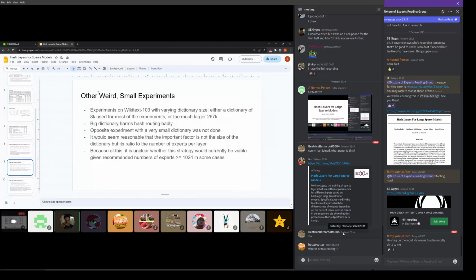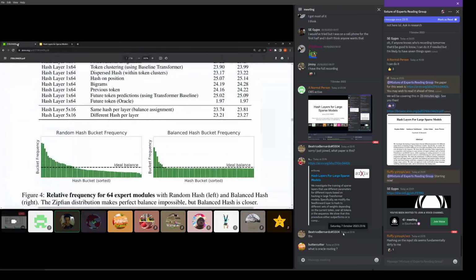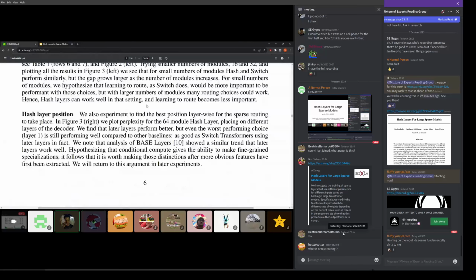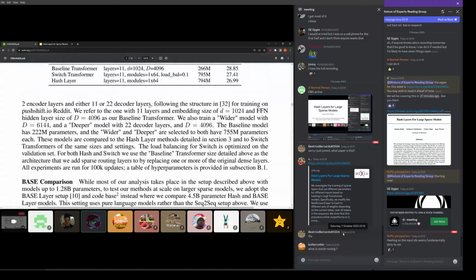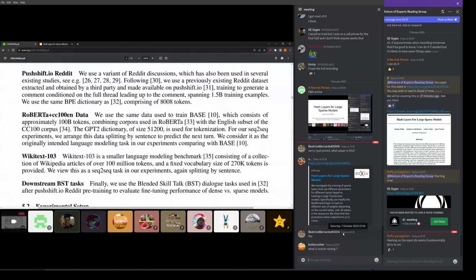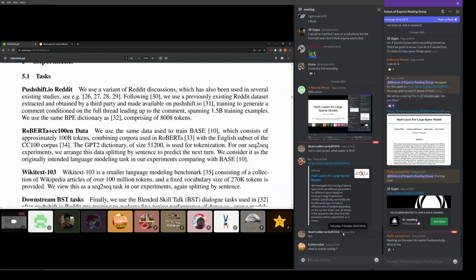Their baseline vocabulary is, I think, relatively large. They had 32K, and most of them are on the 51K one. Jesus Christ. Yeah, they use that dictionary for one. It doesn't work because there are too many buckets.